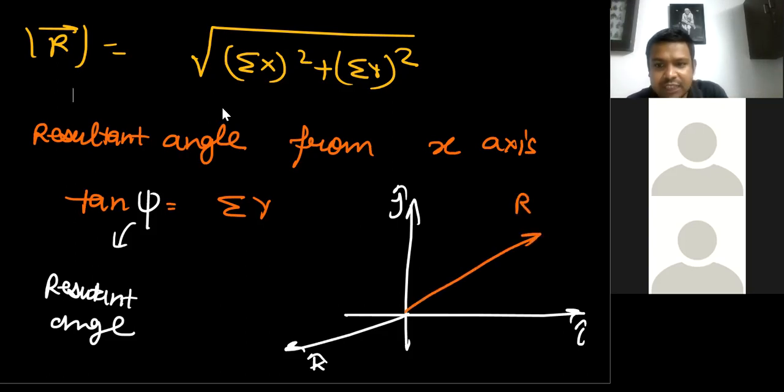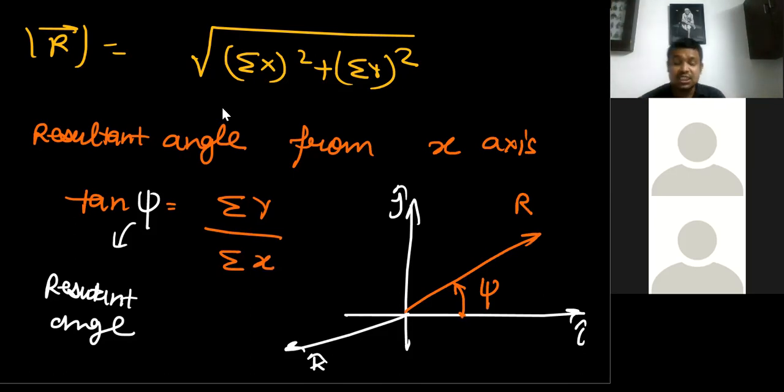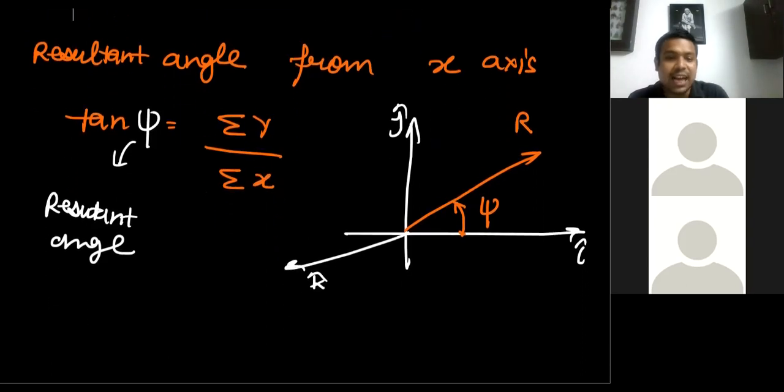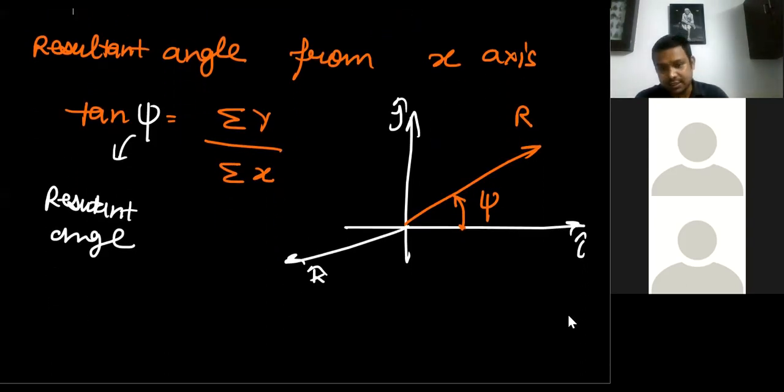The magnitude of the resultant vector is the square root of summation of x square plus summation of y square, and the angle made by this vector is psi. Then tan psi is equal to summation of y divided by summation of x. My dear friends, summation of y is written only in magnitude, not with the unit vector. Summation of x is also written only in magnitude, not with i cap. So psi is the resultant angle from the x-axis. Clear? Is it clear?